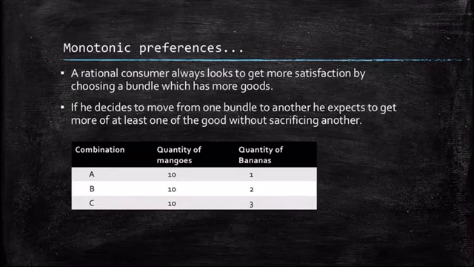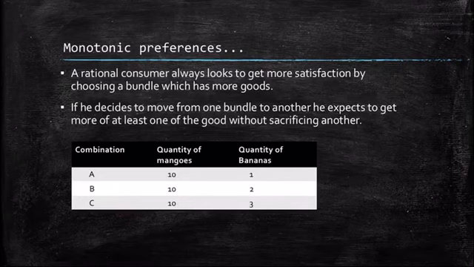Here, being a rational consumer, which bundle are you going to choose? As I told earlier, a rational consumer always chooses a bundle which offers him the highest level of satisfaction, which means the combination which offers him greater quantities of at least one of the goods.